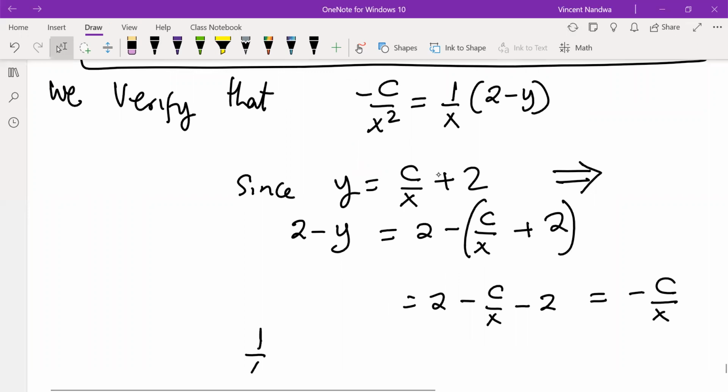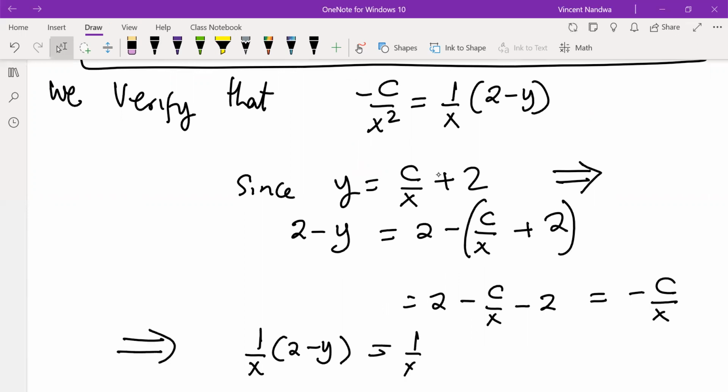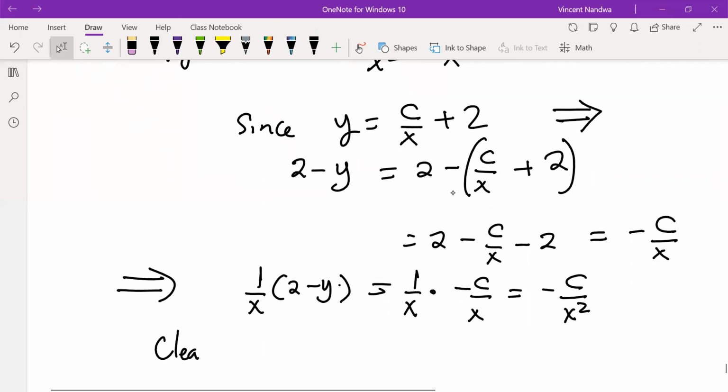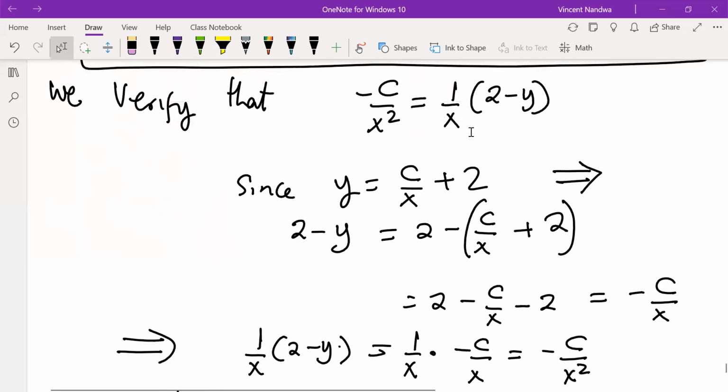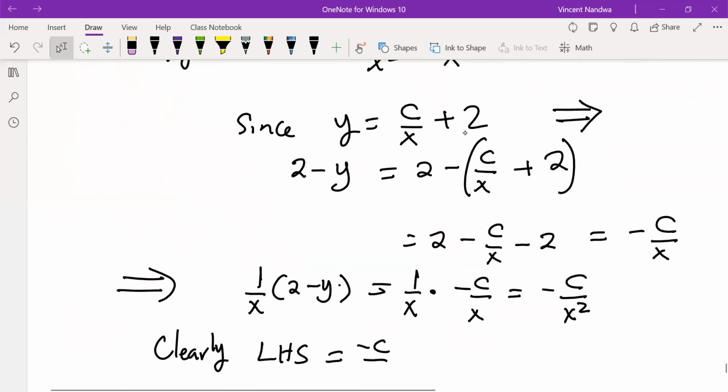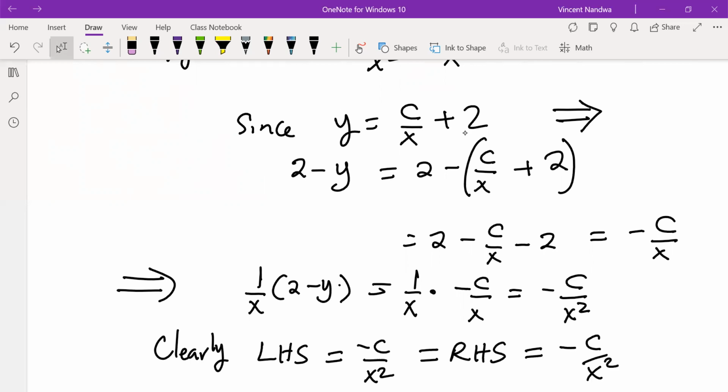Now, 1 over x into 2 minus y will be given by 1 over x times minus c over x, which is minus c over x squared. And clearly, the left-hand side, which is minus c over x squared, is the same as the right-hand side, which has been reduced to negative c over x squared.